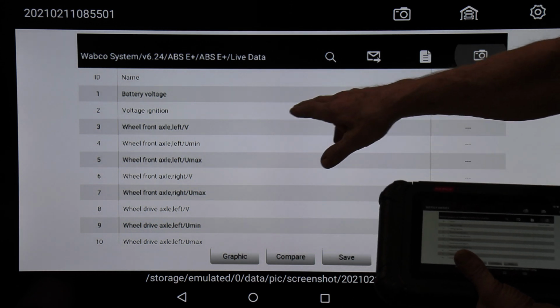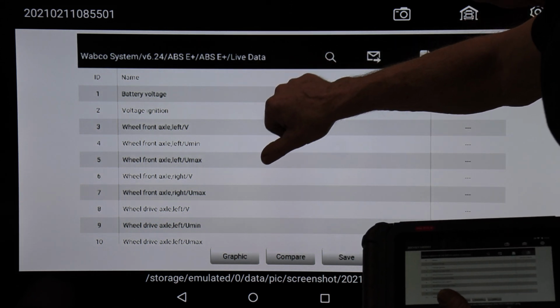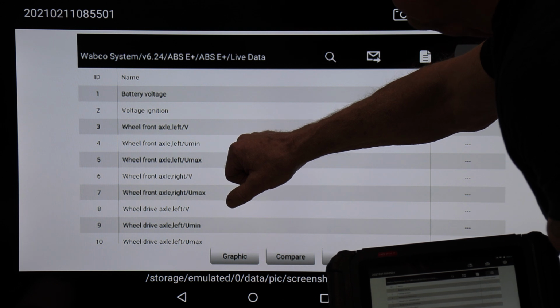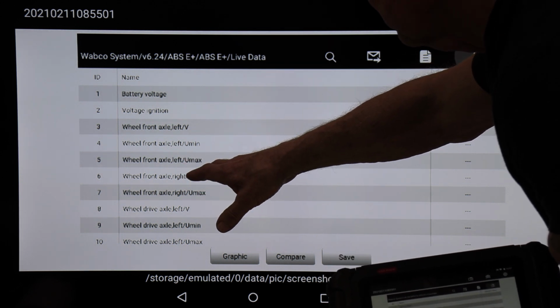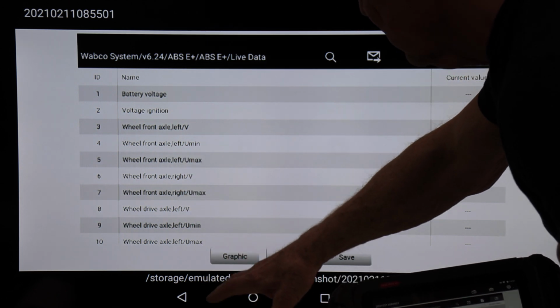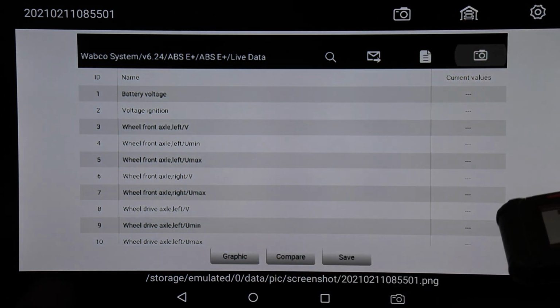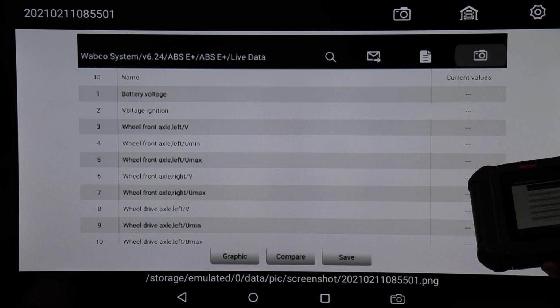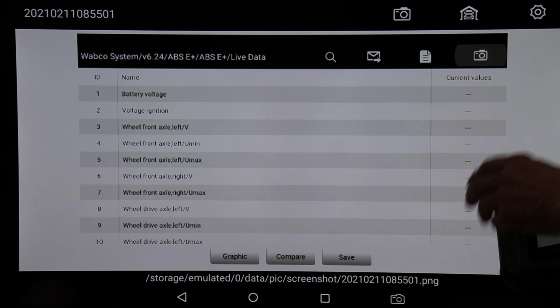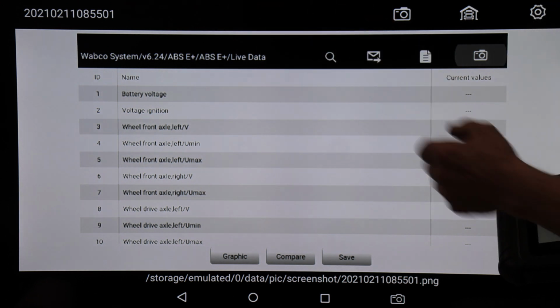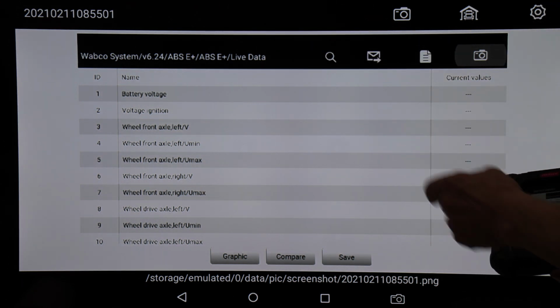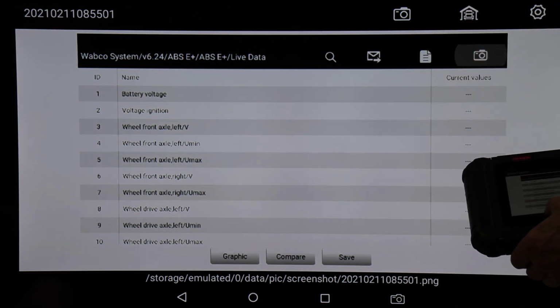So the same thing over here. I'm still in my ABS section. I'm looking at live data, battery voltage, wheel front axle, left, right. It just goes on and on. And again, remember on the previous one, I'm not going to do it right now, but pick your wheel speeds, graph it, and you're going to have them all lined up over there.